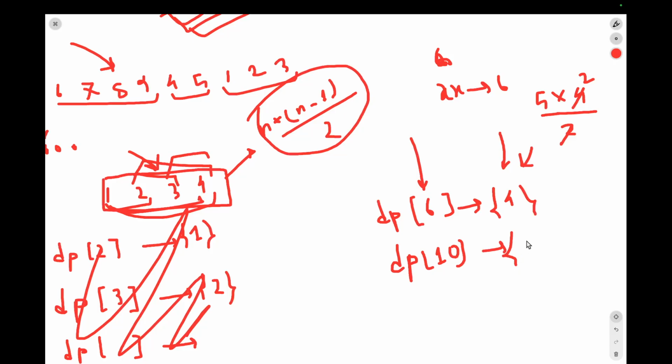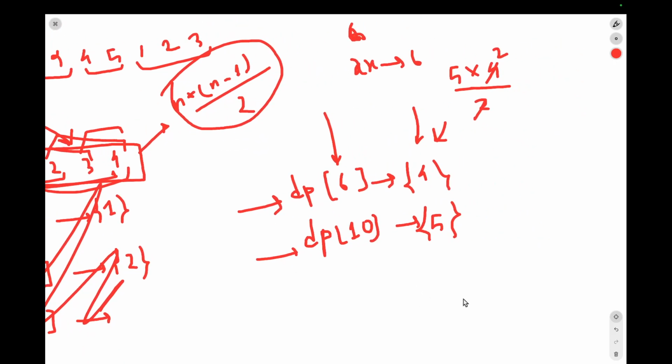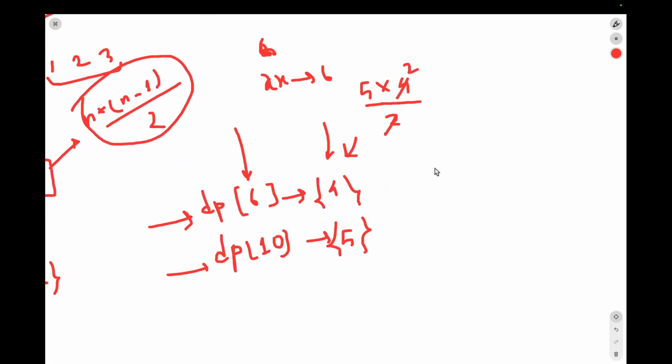In such a way we will go from 1 up to 30 and store the values of dp. Initially there were no values in the dp.